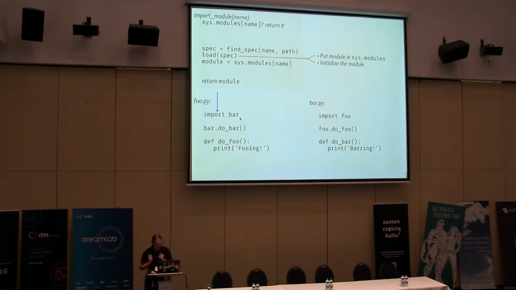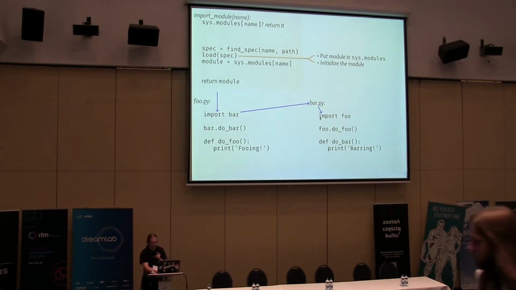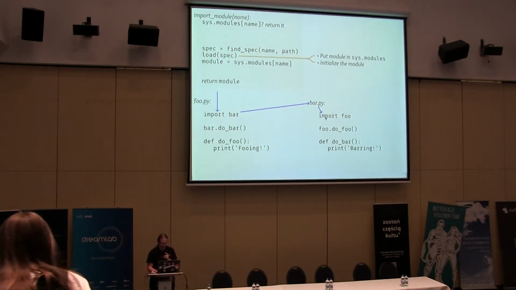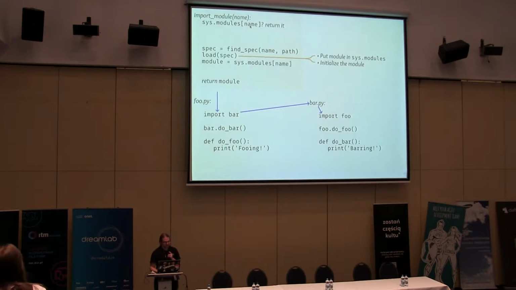So the first statement is import bar. So we run the import machinery again. Is bar in sys modules? Not yet. So we find where to load it from, put a blank bar module in sys.modules, and run through this. So the first step is to import foo. How do we import foo? Is it in sys modules?